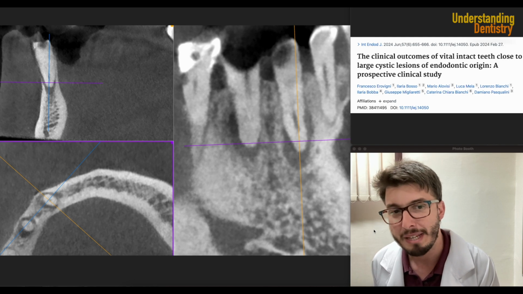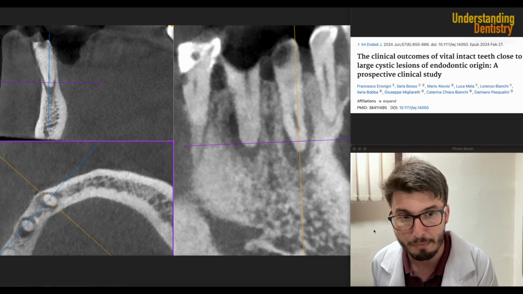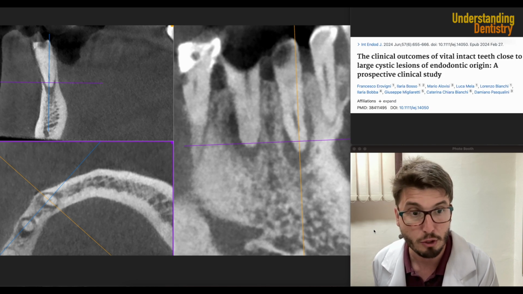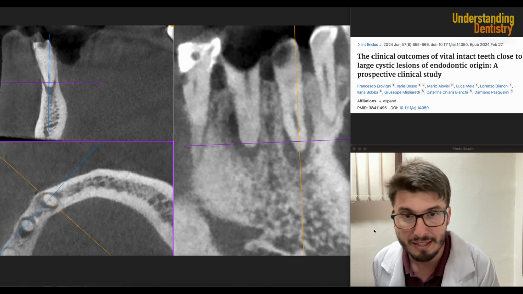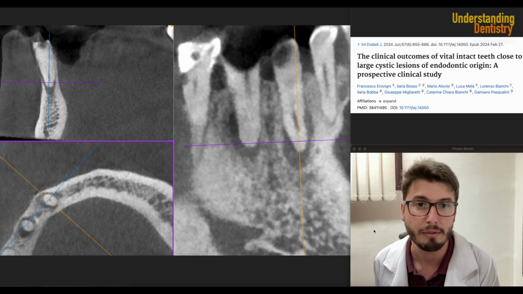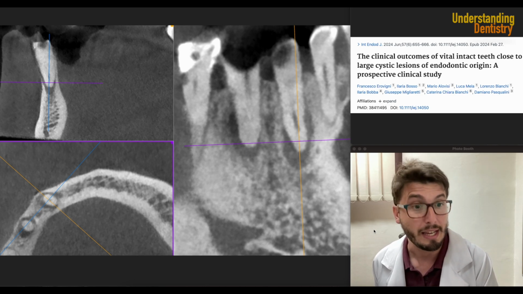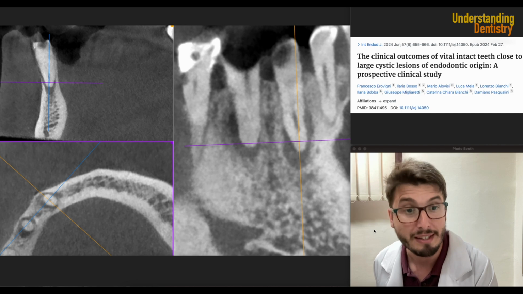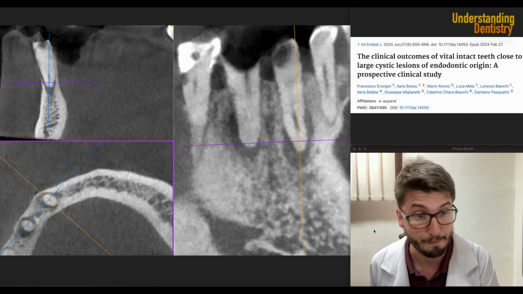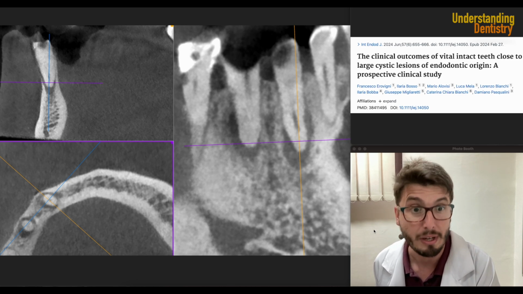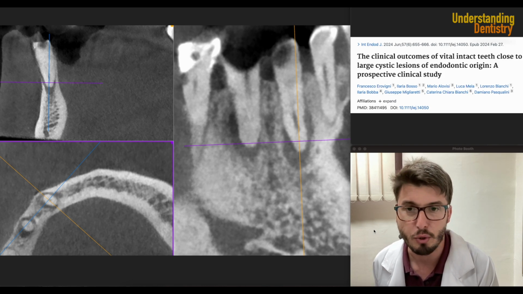In some cases, the endodontic file will provoke a rupture in the epithelium of the cyst, and then the cyst stops growing and might even recede. But usually if the cystic lesion stays there and you treat the endo, it can continue to grow. Even if you do the extraction and the cystic lesion is still there, it can continue to grow and now you have a residual cyst. So don't forget about this.